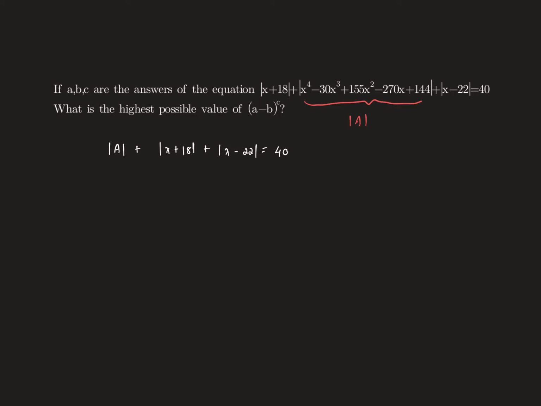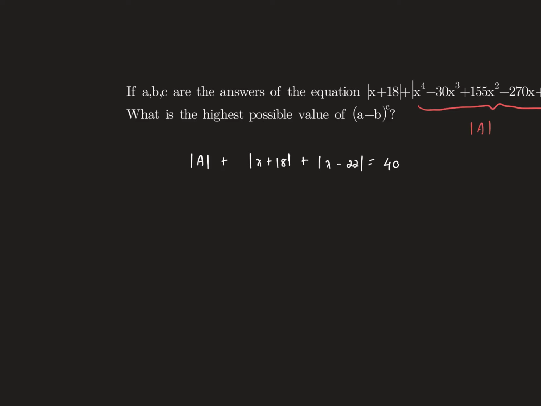So the first thing that we need to do, if we're going to plug in any number, for example, suppose that number is greater than 22. For example, if I plug in x as 25, what we'll get is absolute a plus absolute of 25 plus 18 is 43, right?